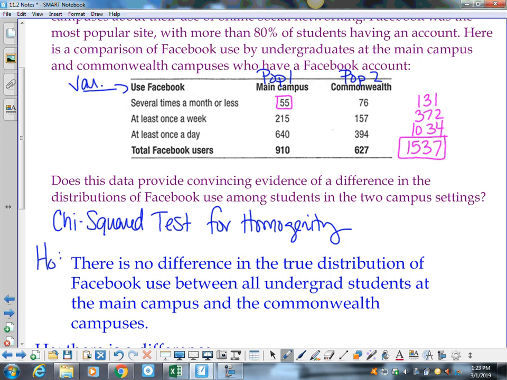Okay, so how do I find this? 131 times 910 divided by 1537. All right, rock on. Keep going. Do you want to say we're going to go 2 decimal places?